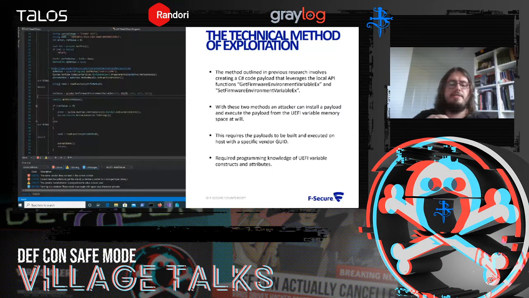This obviously requires the payloads to be pre-built, so they have to be targeted, with an understanding of where they're going and what they can leverage out of the environment they're going into. It also has to specify at the time of compilation the variable names and the GUIDs, or the vendor IDs, of the variable they're going to be injecting into the memory space.